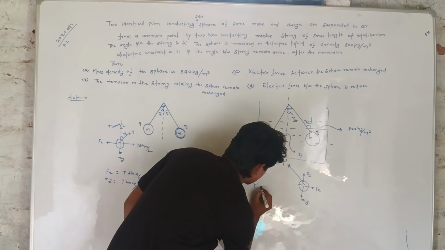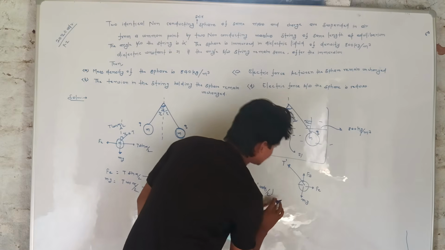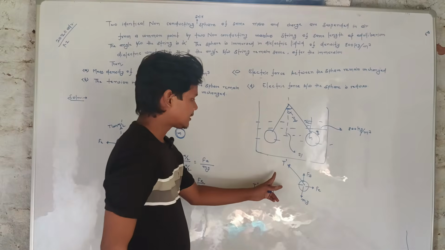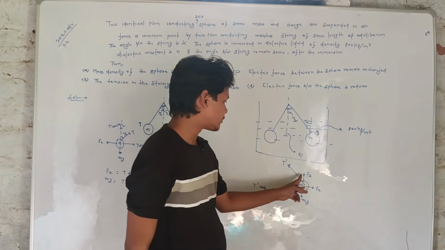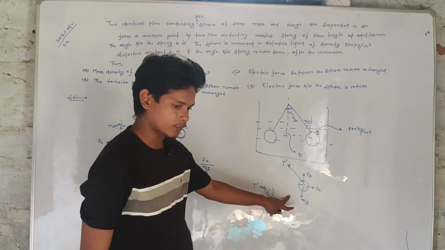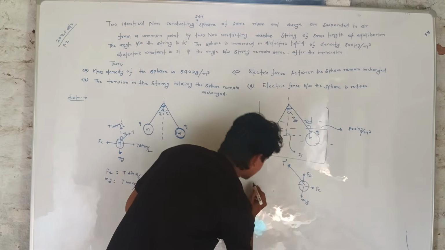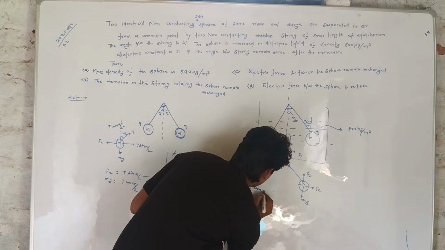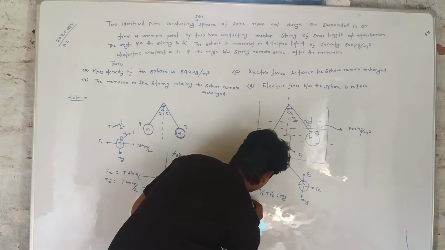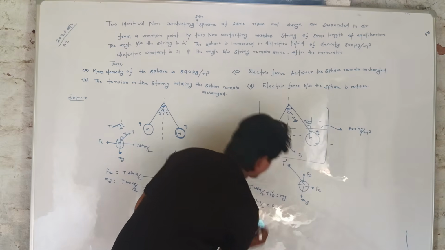So T dash cos alpha by 2 is equal to, sorry, the tension's vertical component and the buoyant force act in the same direction, and together they are equal to the gravitational force. So we can write the equations: T dash cos alpha by 2 plus FB equals mg, and T dash sin alpha by 2 is equal to Fe.